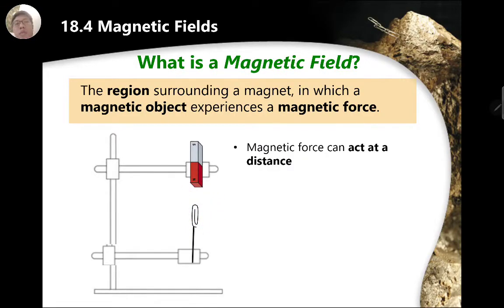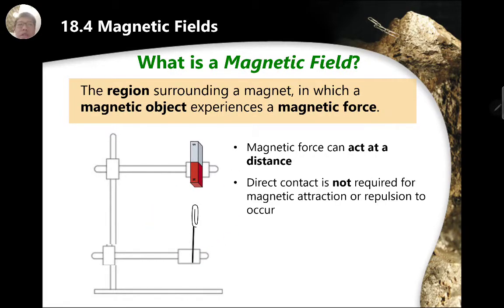What this experiment also reminds us is that firstly, magnetic force can act at a distance. Okay, magnetic force can act at a distance because the field is the region of space around the magnet. Next, direct contact is not required for magnetic attraction or repulsion to occur, and the field can be visualized with magnetic field lines.